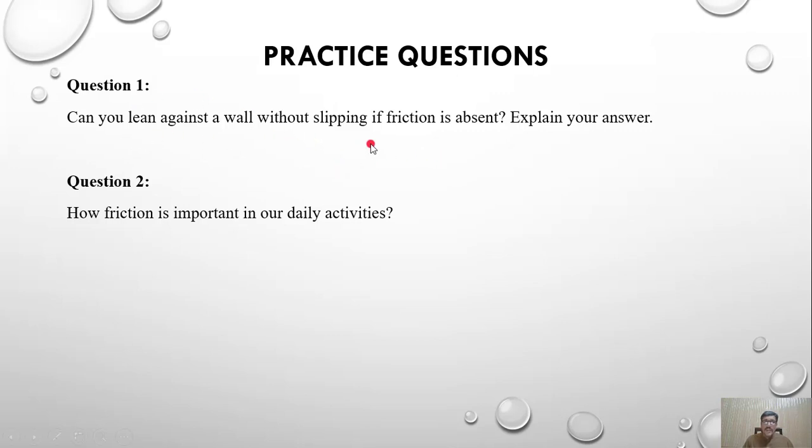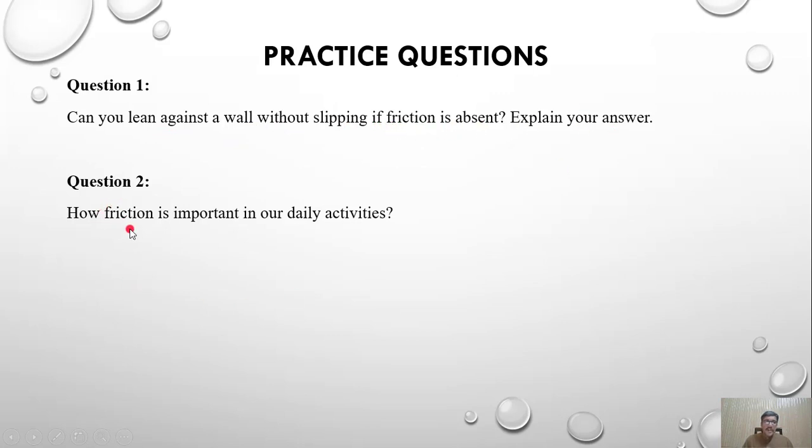In the example we discussed, for walking on the surface we need friction. So what if friction is absent? I said that if friction is absent, you will not be able to walk. You will fall down. So can you lean against a wall without slipping if friction is absent?